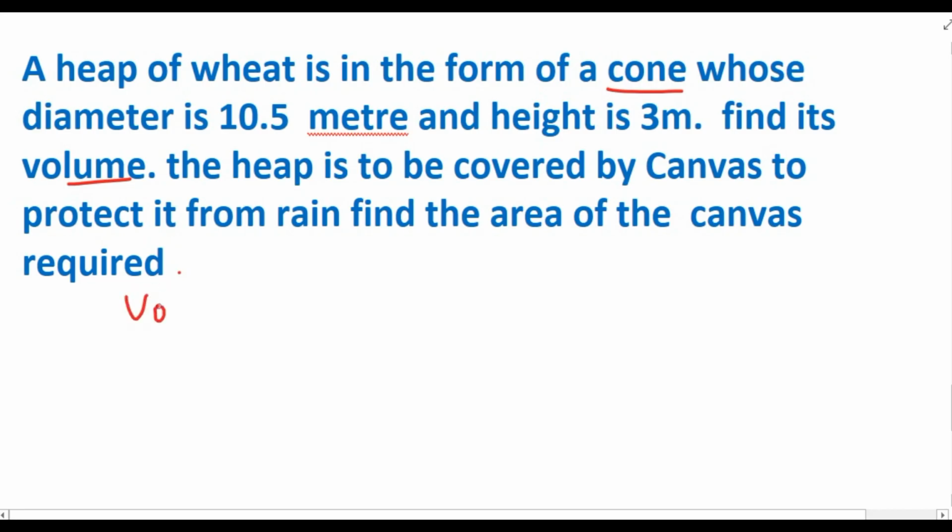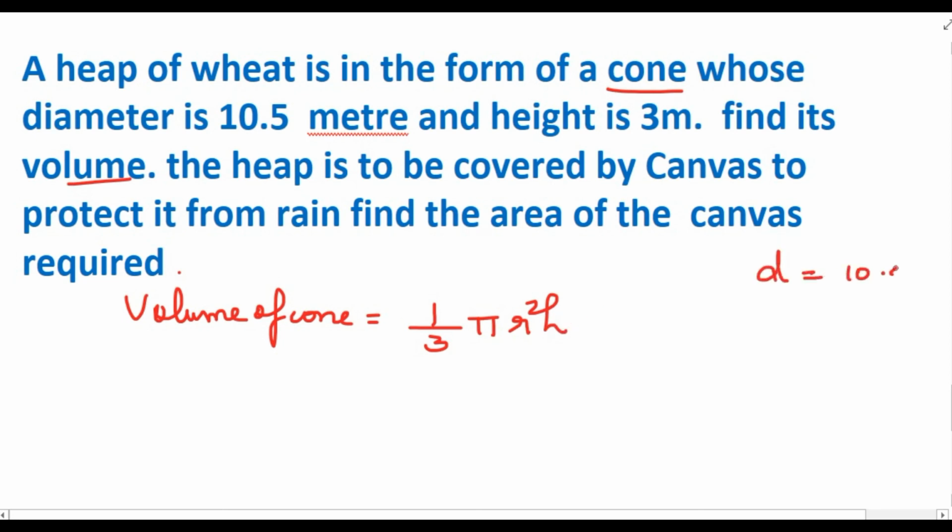So first we will find volume of cone. Volume of cone is equal to 1 by 3 pi r square h. Here diameter is 10.5 meter. So radius will be 10.5 divided by 2. Then height is 3 meters.